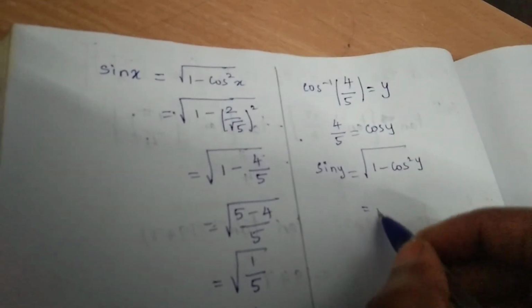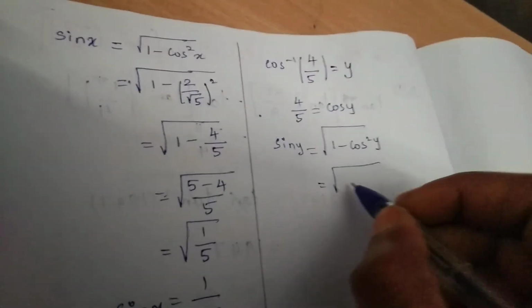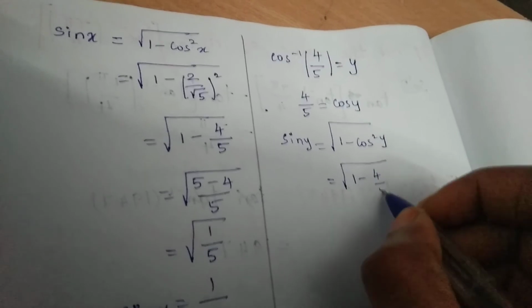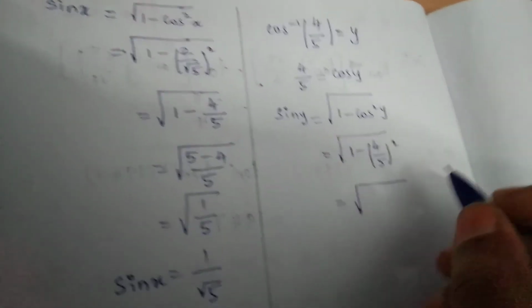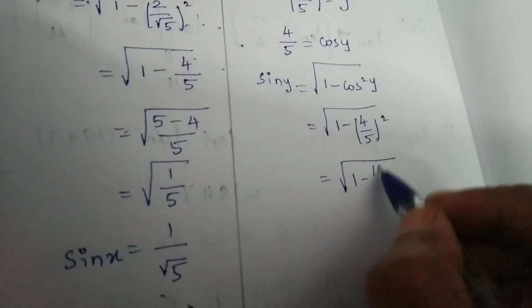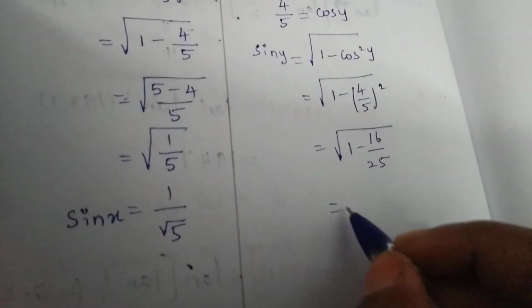Now we apply the value of cos y: square root of 1 minus 4 by 5 the whole square. Now 4 square is 16, 5 square is 25.